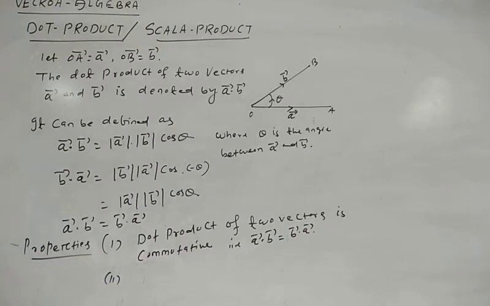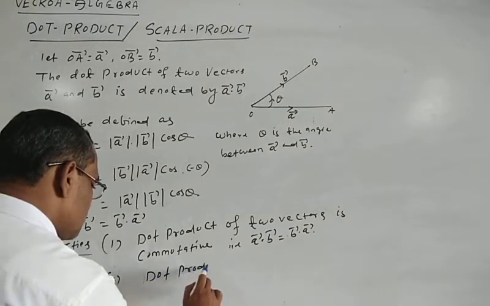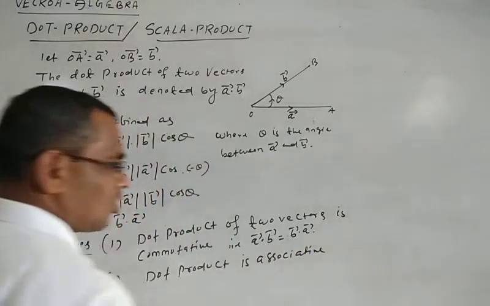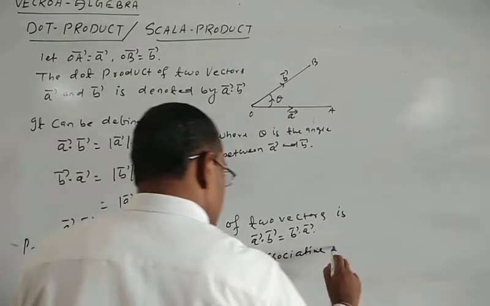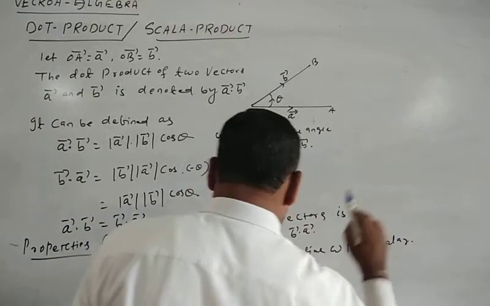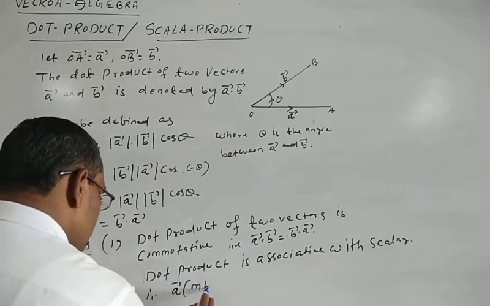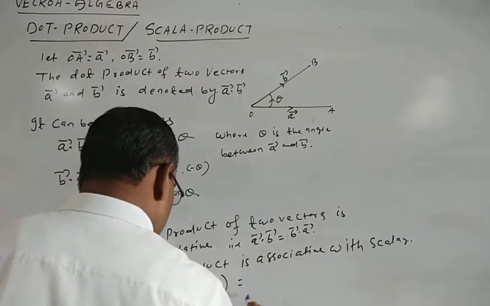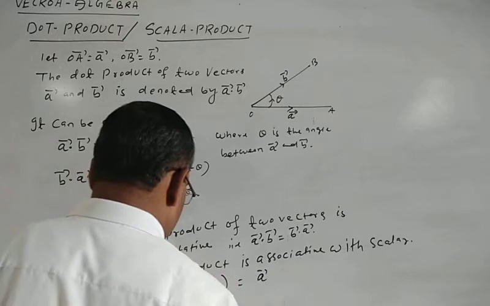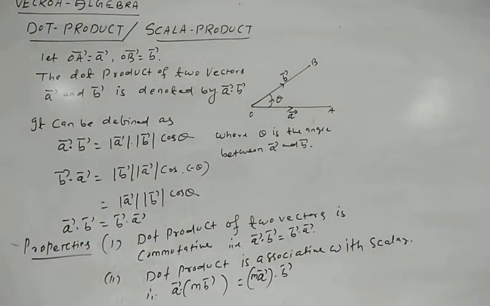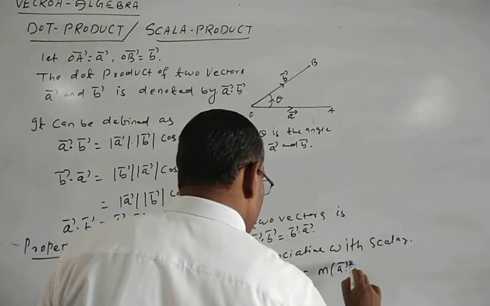Number two, the dot product is associative with respect to scalar, that is A vector dot M into B vector is equal to M into A vector dot B vector, which is equal to M A vector dot B vector.